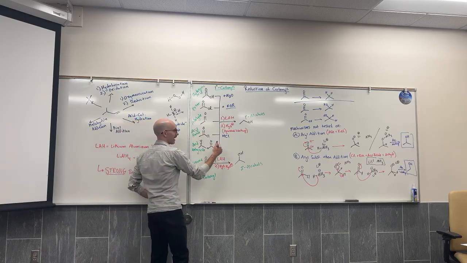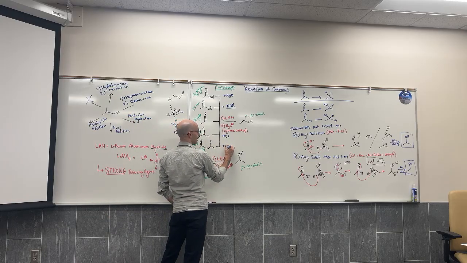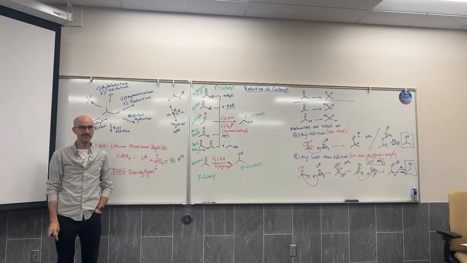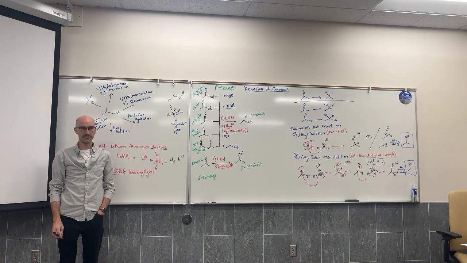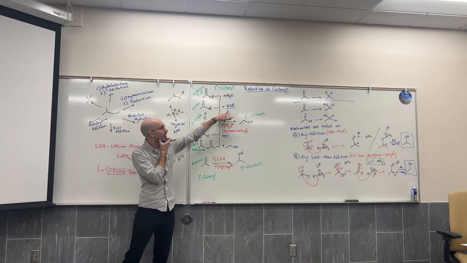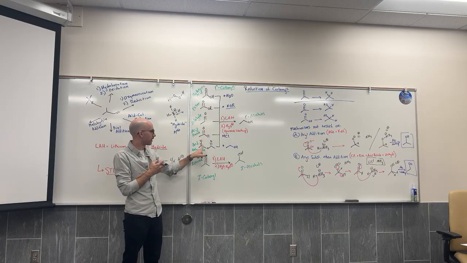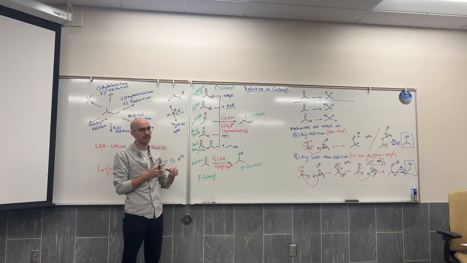So in this case, the acid anhydride makes a second equivalence of the alcohol. Not just any alcohol, like the ester, but specifically the second equivalence of the carbonyl.